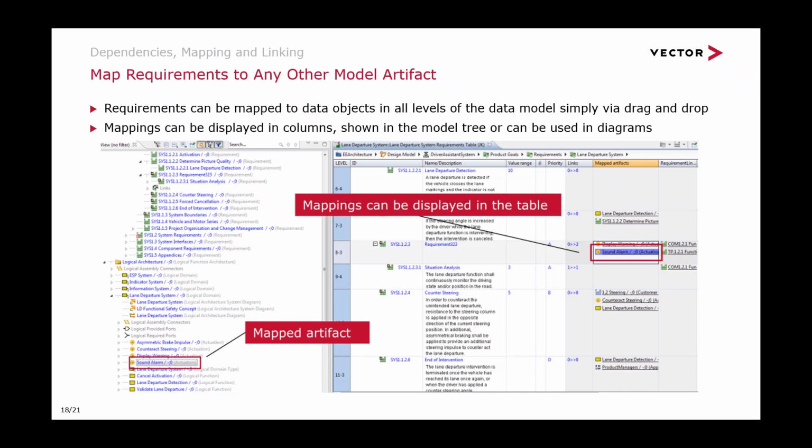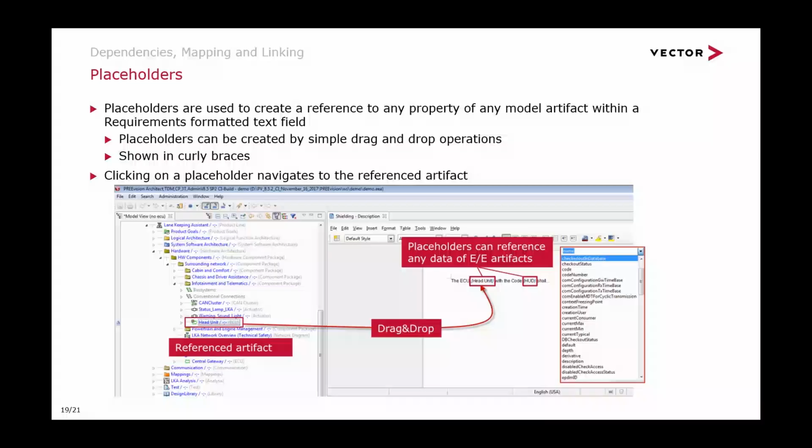When we're connecting a requirement to something that is outside the requirements area in the model, then we're talking about something that we call a map. Requirements can be mapped to data objects at any level of the data model just by drag and drop. Mappings can be displayed in columns shown in the model tree or can be used in diagrams. The important thing is that anything can be mapped to a requirement.